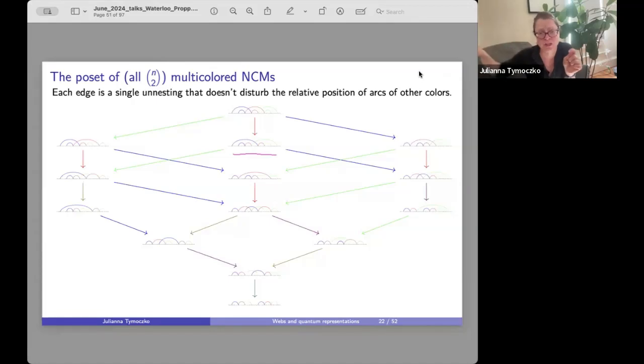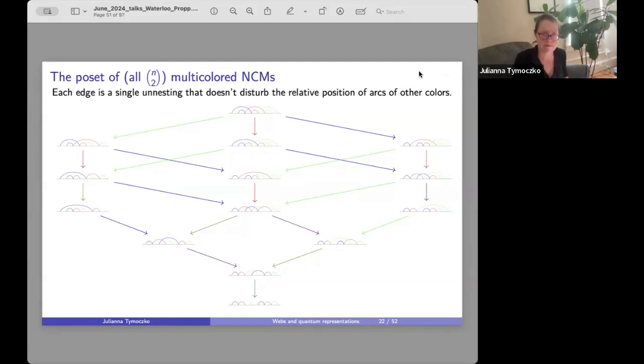I could also unnest just the blue arcs or just the green arcs, whatever I want to do, and keep moving through this process. Down at the very bottom, I have fully unnested everything. So it has unnested blue arcs, unnested red arcs, and unnested green arcs.